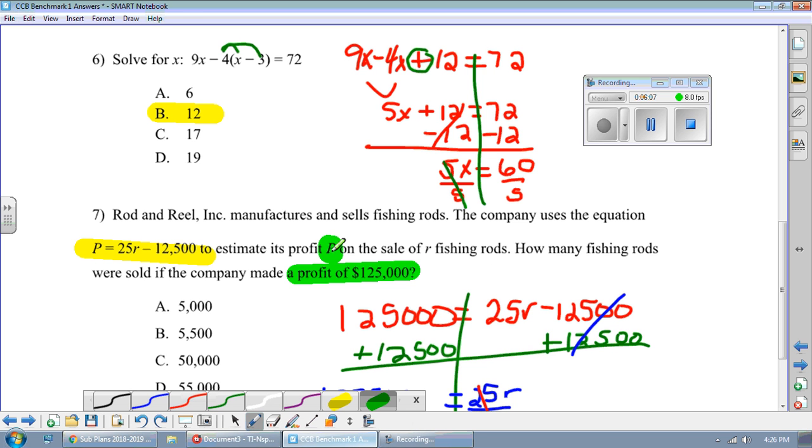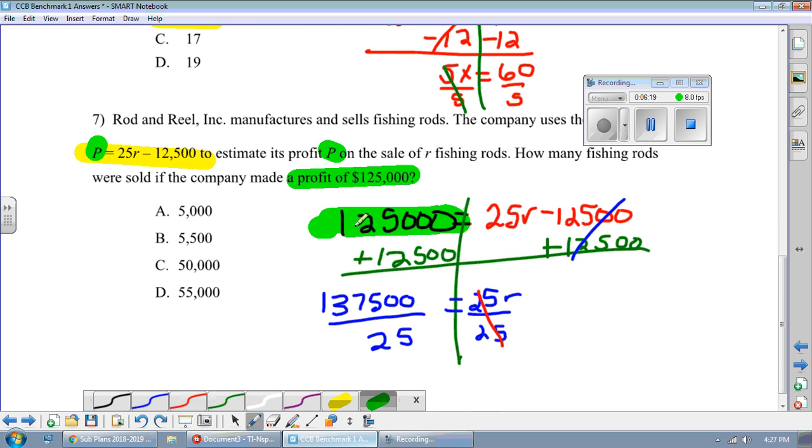A profit of 125,000 means P. So the 125,000 is supposed to go where the P is. So I substitute the 125,000 where the P is and solve the remaining equation. So adding 12,500 to both sides, then dividing by 25 on both sides leads to B as an answer.